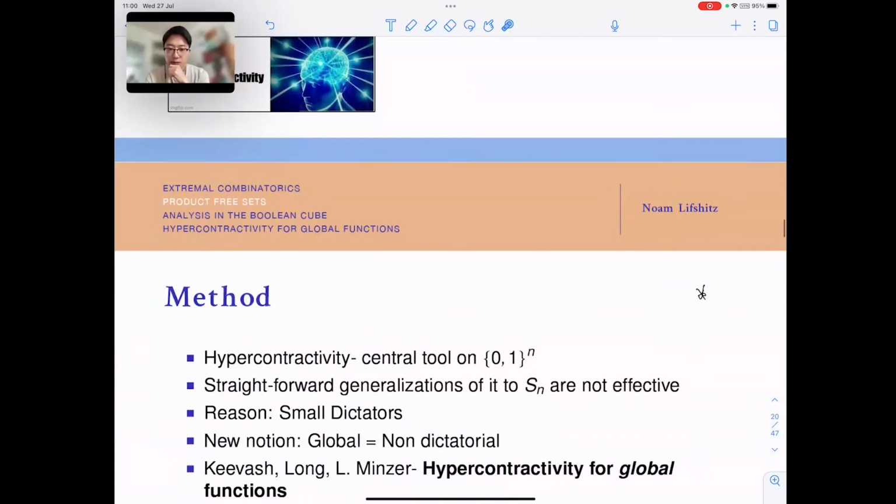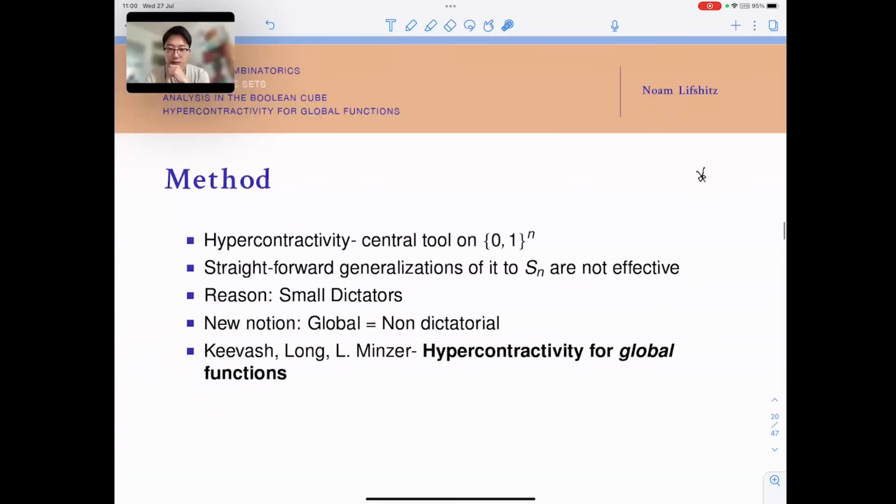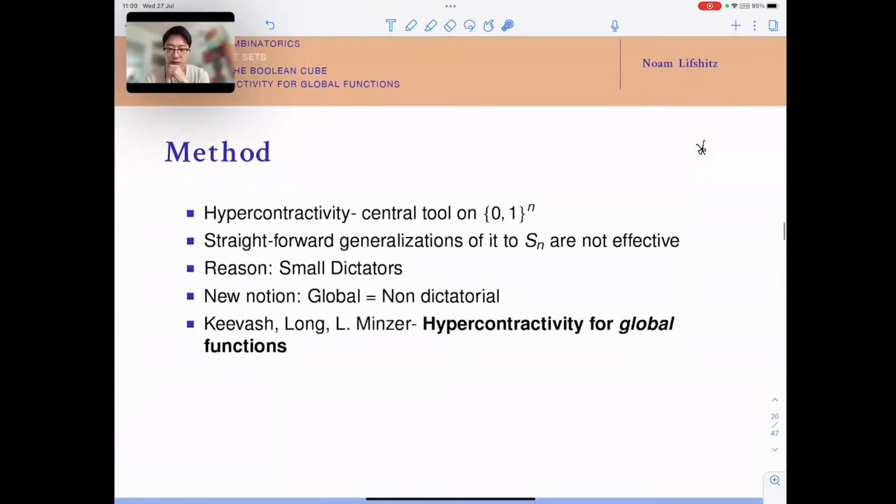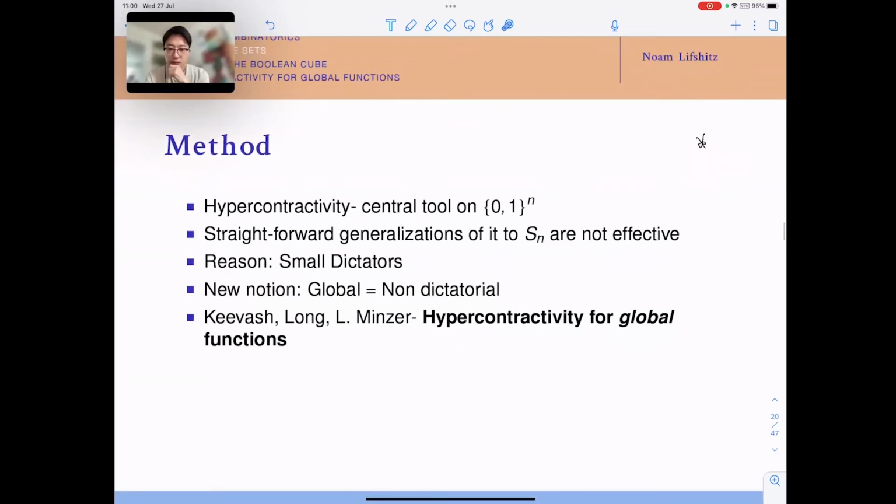Okay, so let's summarize things a little bit. Hypercontractivity is a central tool on the Boolean cube. If you look at the theory of analysis of Boolean functions, a huge part of it is based on the hypercontractive theorem.